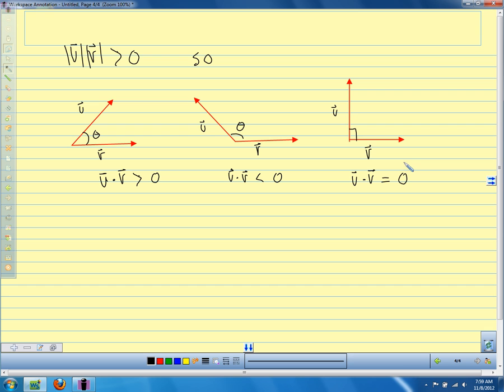Now, one quick thing about terminology. If we're talking about a 90-degree angle, a right angle, we use the word orthogonal to refer to vectors. So rather than saying vectors are perpendicular, we normally say vectors are orthogonal.